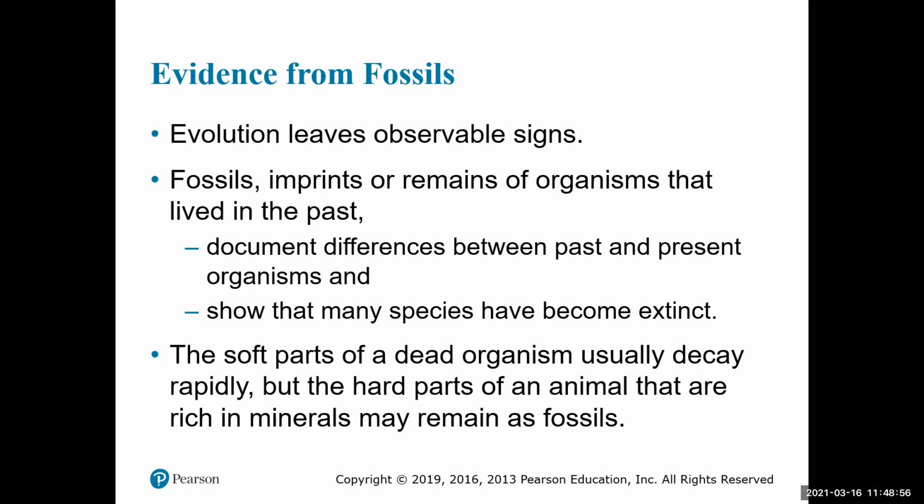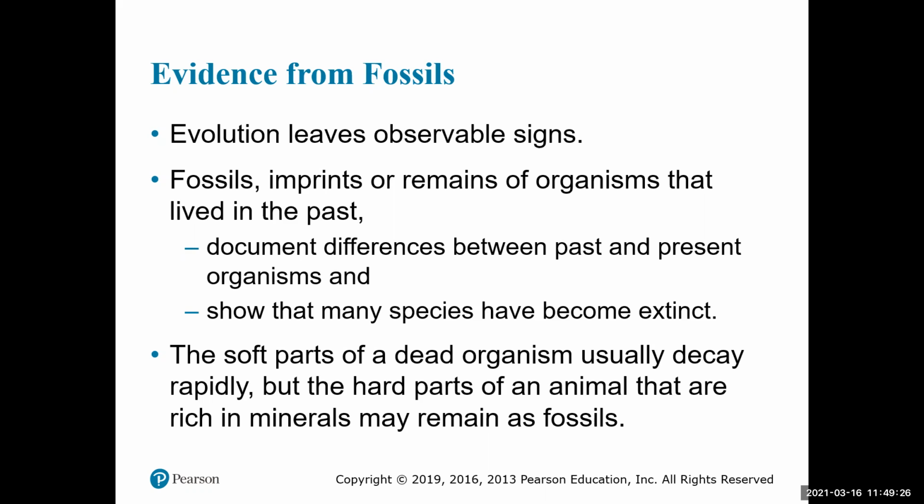We don't find dinosaurs alive on the landscape today. We have their ancestors alive, but we can go back and dig in specific places and find their remains, which allows us to understand what these organisms would have looked like and potentially acted like in terms of behavior, and how they would have looked in terms of phenotypic appearances in the past.